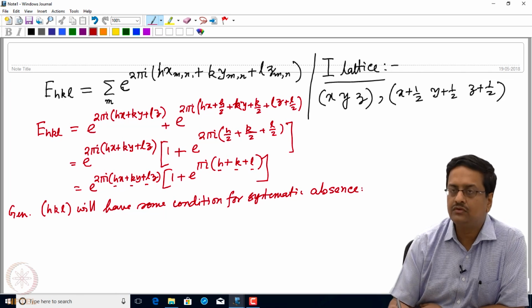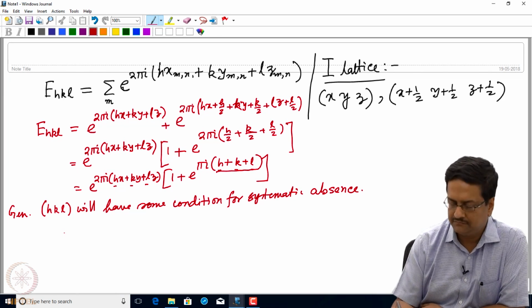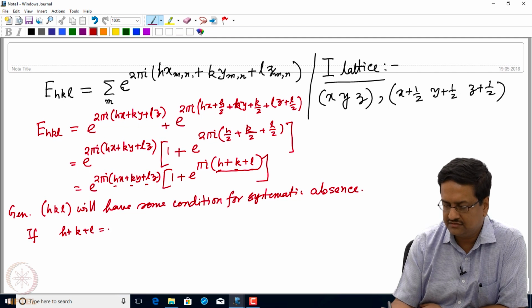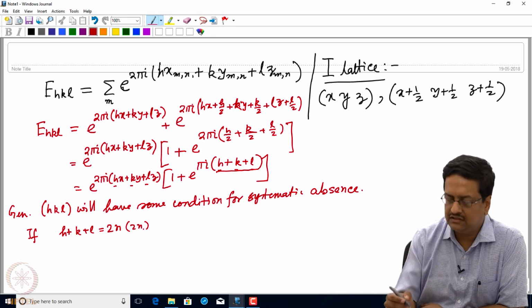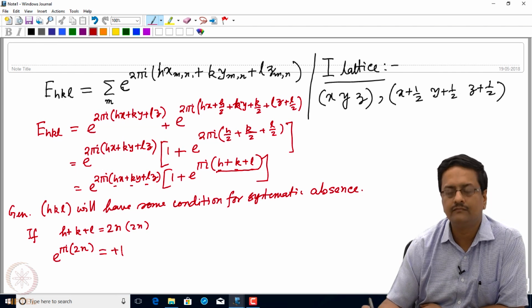So now there may be two situations with the sum h plus k plus l. If h plus k plus l is even, then e to the power pi i times an even number is equal to plus 1.